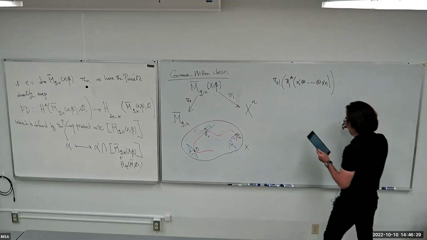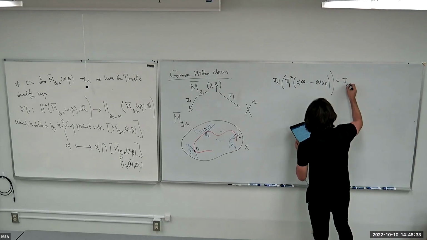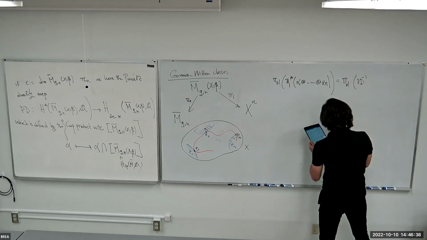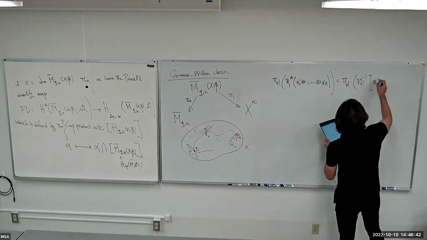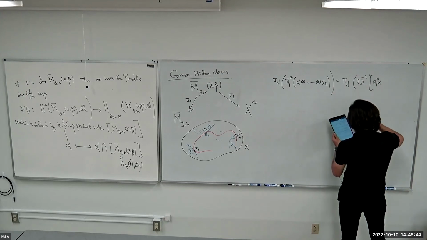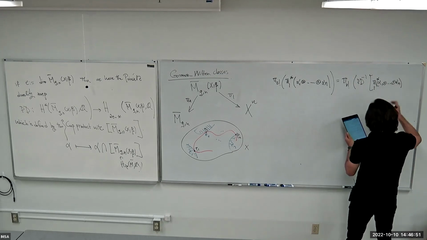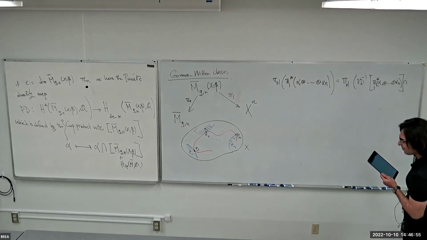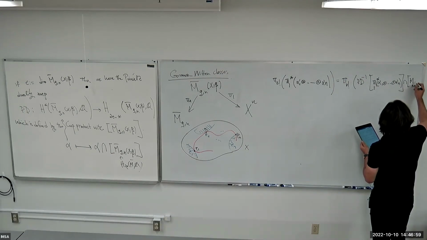So that is going to be pi 2 lower shriek of the Poincare dualization of pi 1 upper star of alpha 1 times ... times alpha n, capped with the fundamental class of M bar g,n X, beta.